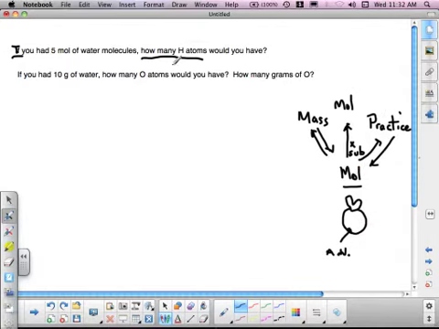So in this case, after I multiply 5 times 2 to get 10, I am then going to multiply by Avogadro's number to get my answer. So it's 10 moles of hydrogen, which is then multiplied times Avogadro's number if I want to know the number of particles.